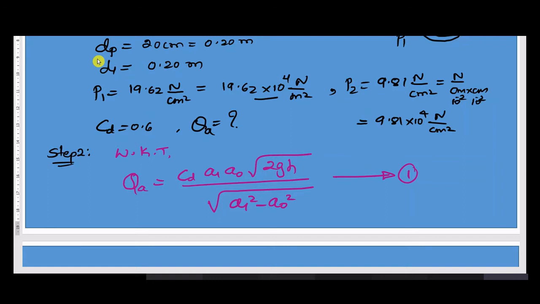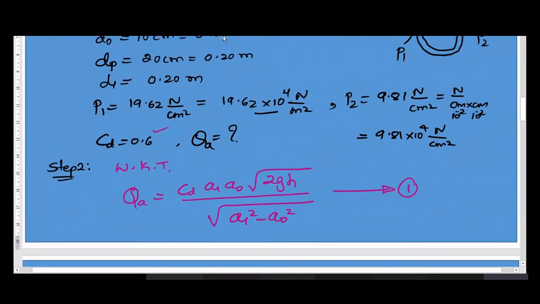Now, what are the terms it contains? CD, cross check whether CD is given. Yes, CD is 0.6. A1 is not given directly, but the diameter is given. So using the formula A1 is equal to pi by 4 d square, you can calculate A1 easily. A0 also you can calculate because the diameter is given directly. Then this H is called the difference in pressure head. There are two formulas, those two formulas also I will write. Now all the parameters are directly or indirectly given.